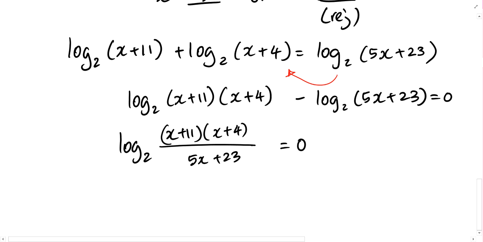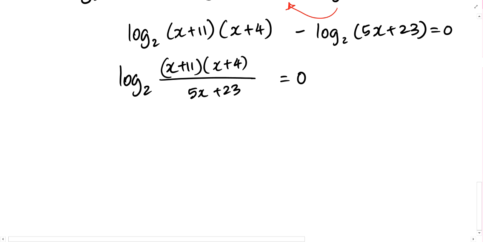What does this imply now? Log base 2 of something equals 0. What does all this imply? What is equal to 1? That fraction equals 1, because of what is on the board, right? That special result.